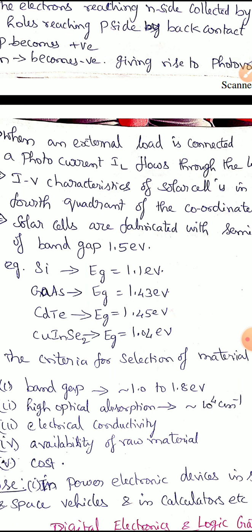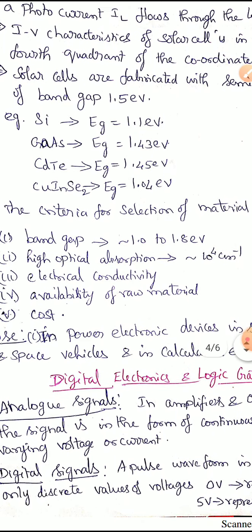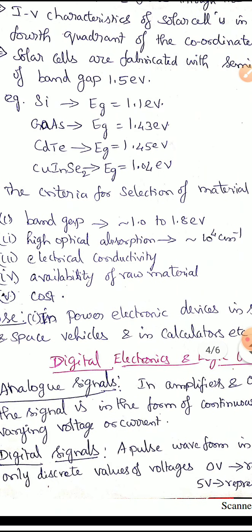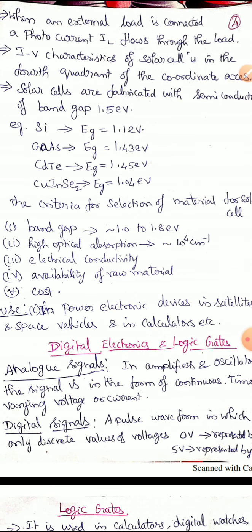Okay. So, we have some basic criteria for the selection of a material for solar cells. What are the basic criteria? One is the band gap. The band gap should be 1 to 1.8 electron volt, and the optical absorption should be very high, that is of the order of 10 to the power of 4 centimeter inverse, and the electrical conductivity should be considered.